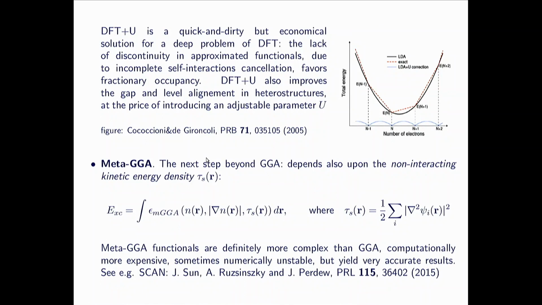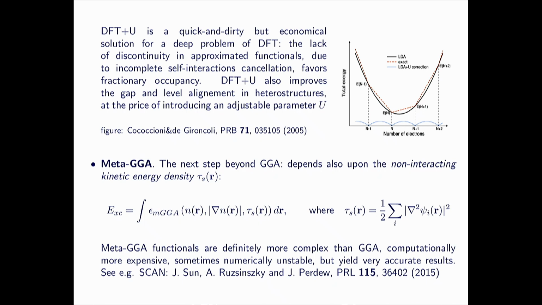This quantity here is not nabla squared, it's nabla. Well, I'm not sure this is correctly defined. I think it's nabla, it's not nabla squared, sorry. And this quantity you can use to write a functional that depends upon the charge density, the gradient of the charge density, and this so-called kinetic energy density.